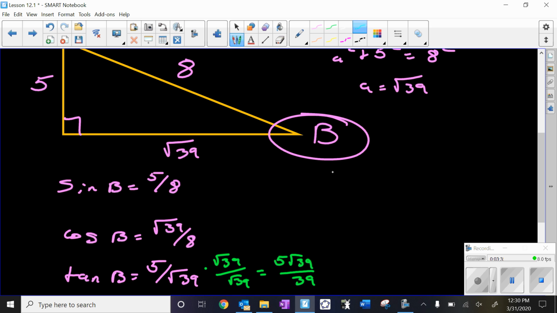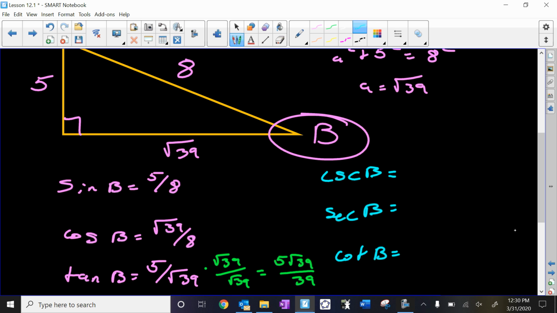Okay, then off of that, we can find cosecant of B, secant of B, and cotangent of B. Cosecant, that's coming off of sine. Remember, sine is opposite over hypotenuse. Cosecant is hypotenuse over opposite, so we would have 8 over 5.